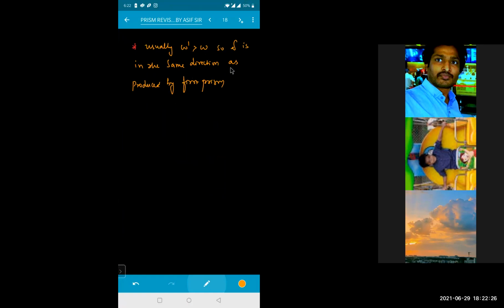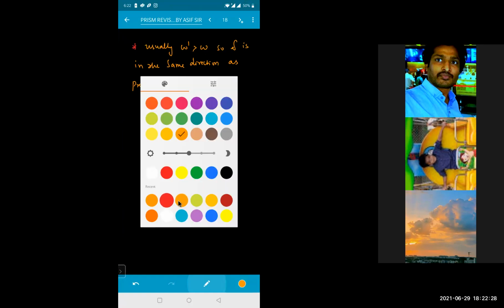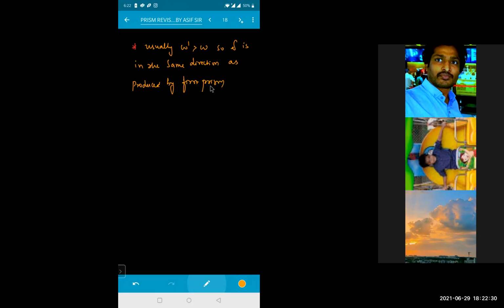So the deviation is in the same direction as produced by the first prism. The first prism deviation is there, so the final also will be in the same direction.